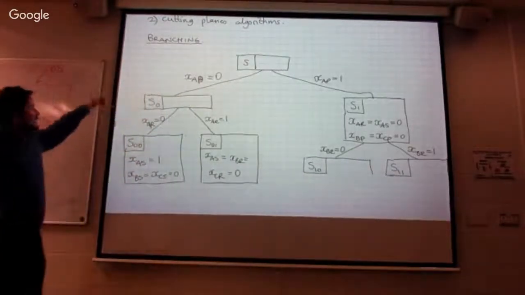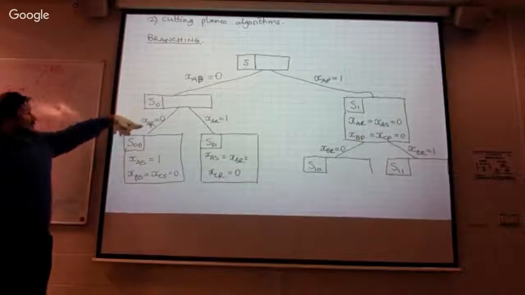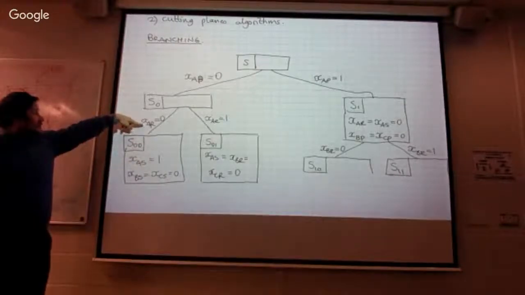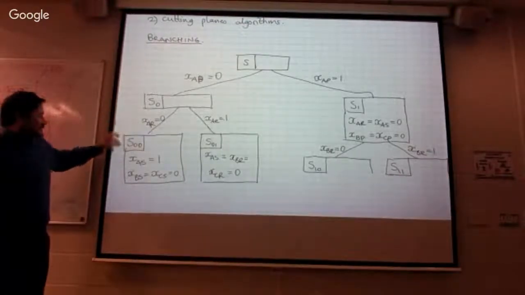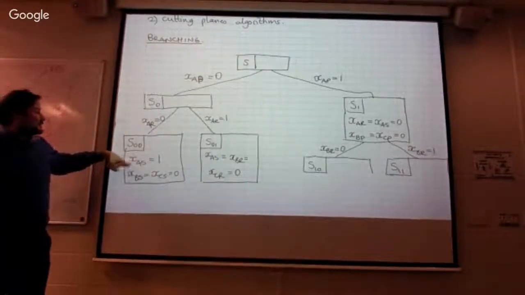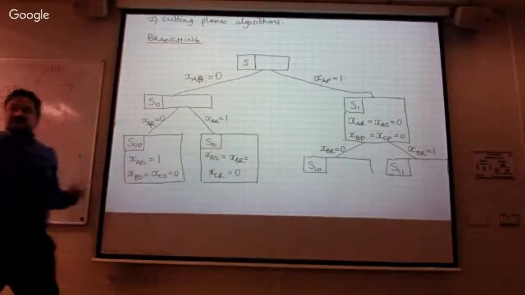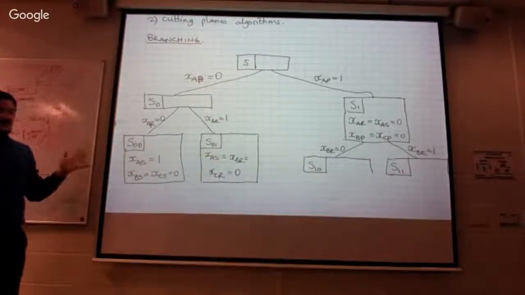Because if I take something with A in it, the constraint that AP plus AR plus AS is 1 gives me some information. So AS must be 1. But it doesn't really matter.